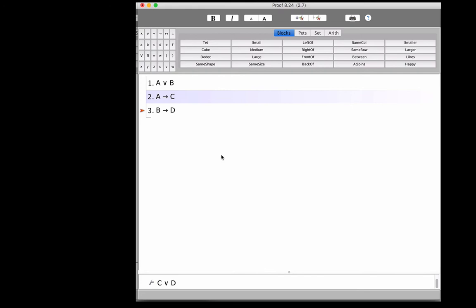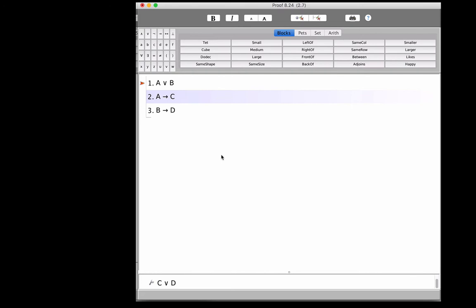Now, notice what you have in front of you in 8.24 is a conclusion that is a disjunction. So you're not going to assume an antecedent and derive a consequent, or assume a left side and then a right side of the biconditional that you want to prove.